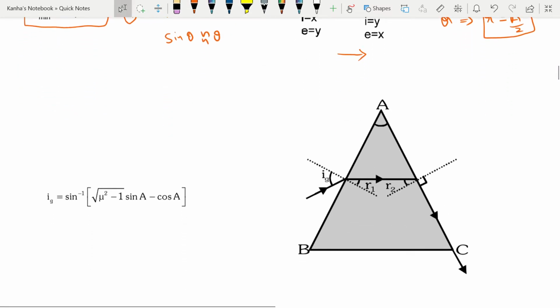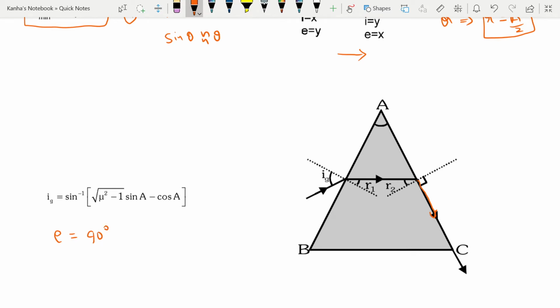Next, we look at the condition for maximum deviation, or grazing emergence. Note that here the ray has bent so much that it is just grazing the surface. What is the condition for this? For this grazing condition, my emergent angle E is 90 degrees.